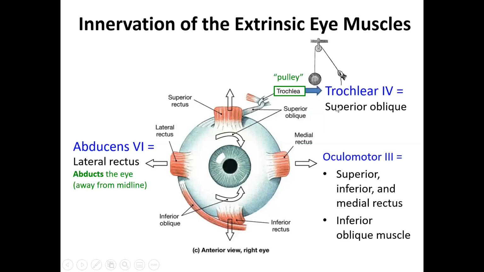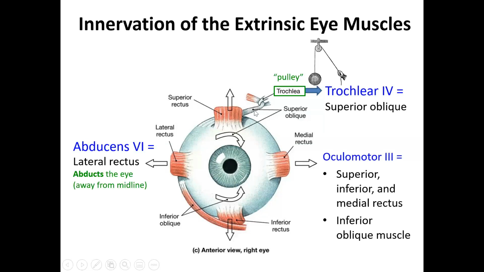So let's talk about where that name comes from. The structure of the superior oblique muscle is that it has a very long tendon. And this tendon pulls through a little loop of ligament that's called the trochlea. Now, trochlea just means a pulley. So it creates a pulley system that increases the amount of force or leverage that muscle can have on the eye.